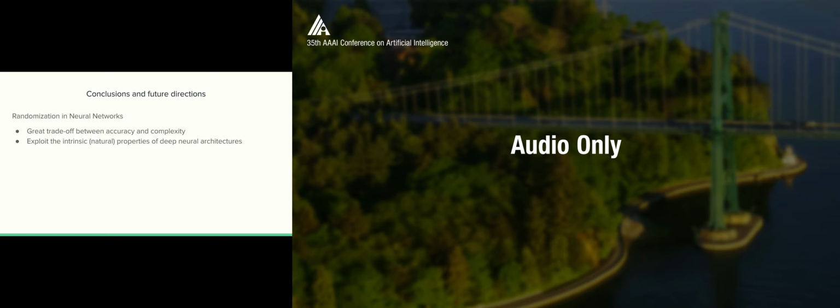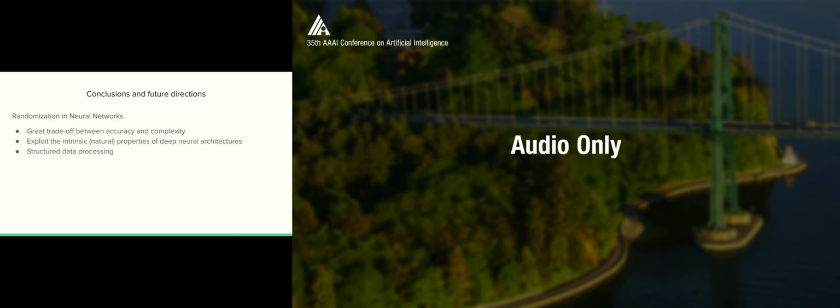And finally, we have seen how flexible and general this approach is. It works very well in feed-forward models, like we've seen in the first part of the tutorial, in recurrent models for time series, like we've seen in the last part of the tutorial, and also for neural networks for graphs.